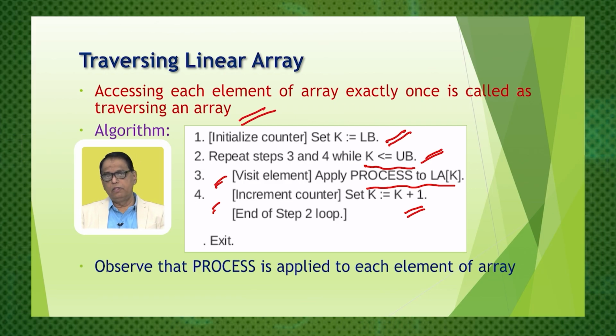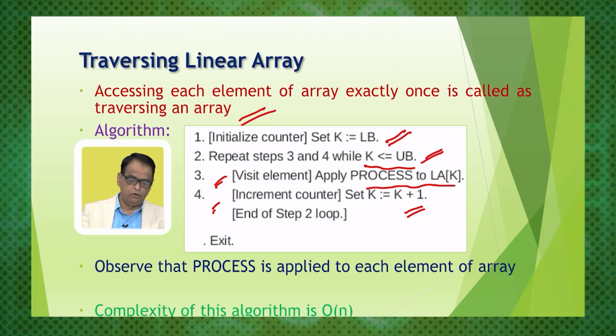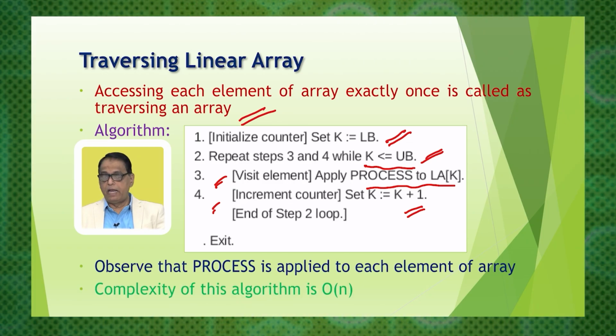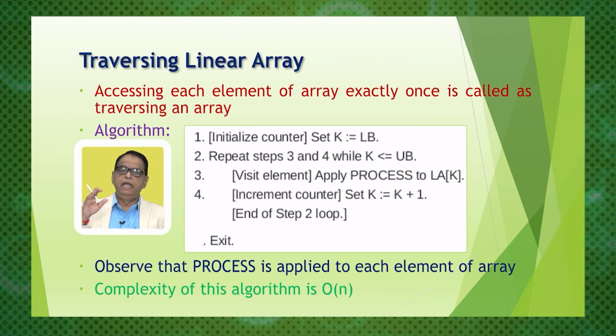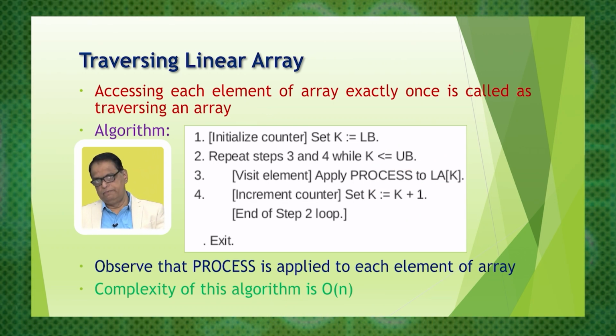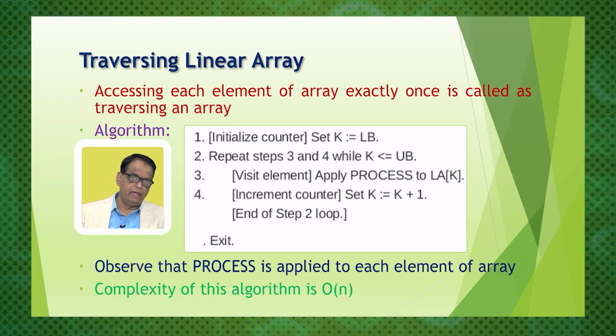This is a very simple algorithm, and its complexity is of the order of n, where n stands for the number of elements of the array. If there are 10 elements in the array, you have to apply the process 10 times. If there are 100 elements, then 100 times you need to apply the process, and therefore the complexity of the algorithm is of the order of n.